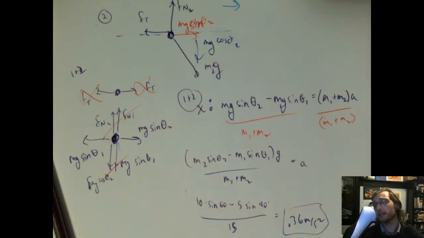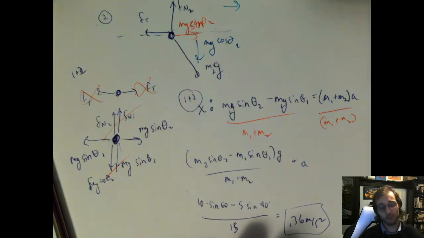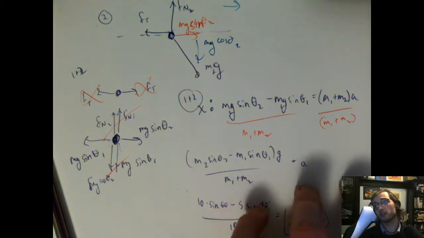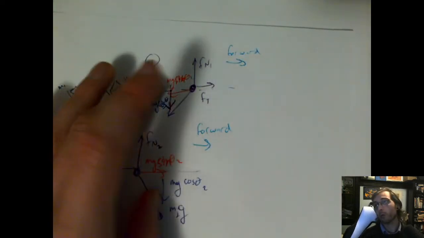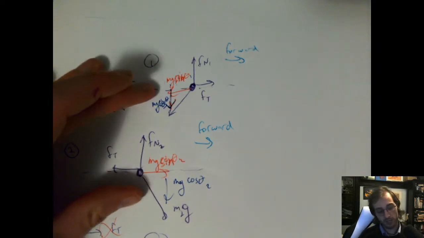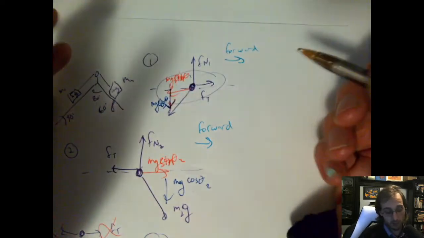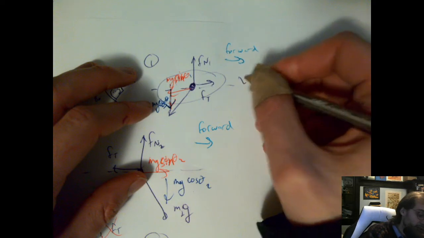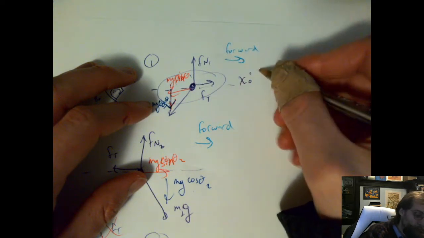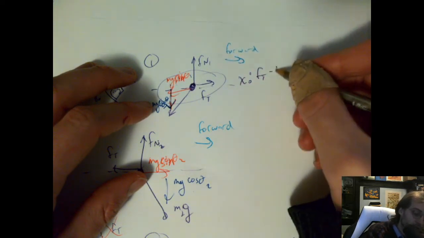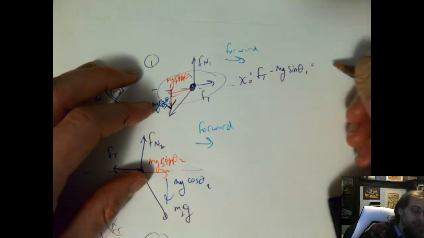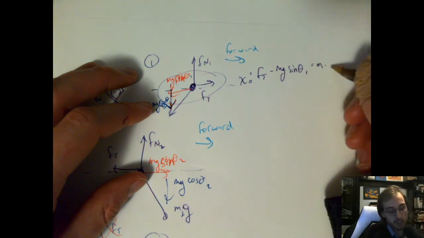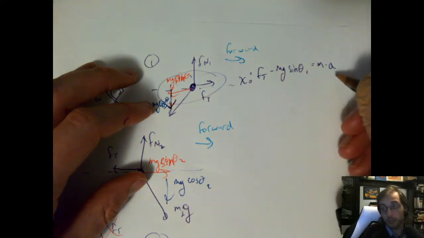Now this isn't our answer, right? We're asked to find the tension. But the reason I found this first is because rather than having to set up two equations and do a more complicated system of equations up here, I can use this acceleration and look at something like system 1. In the x direction for system 1, we've got the force of tension going forward and mg sine theta 1 going backwards, and that needs to equal mass times the acceleration of the object, which should be forward.